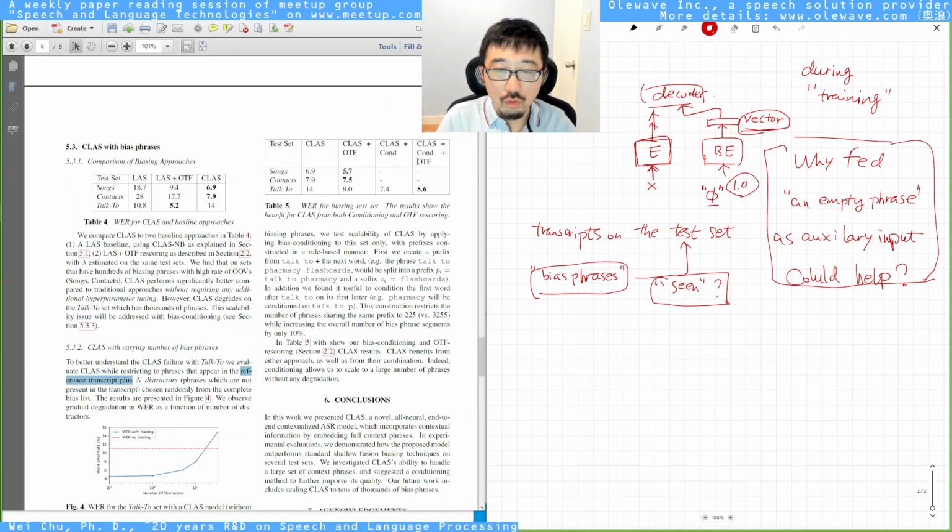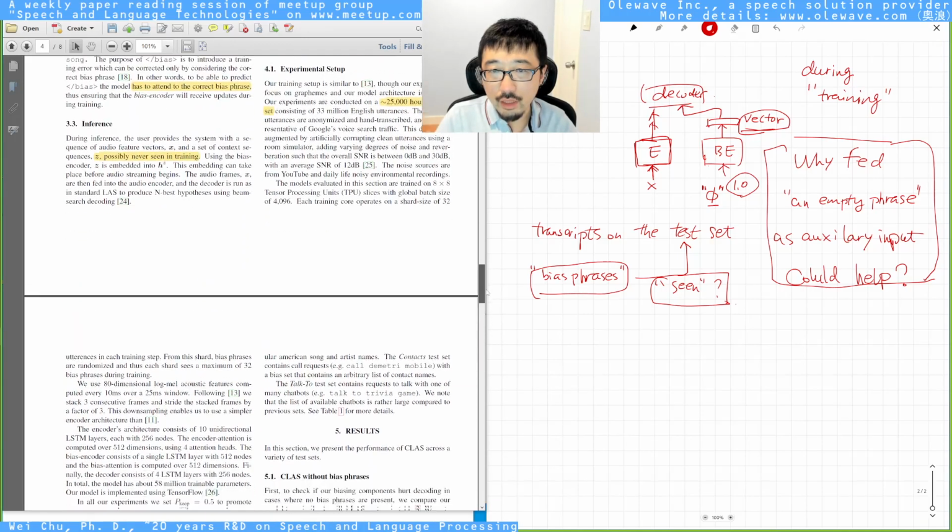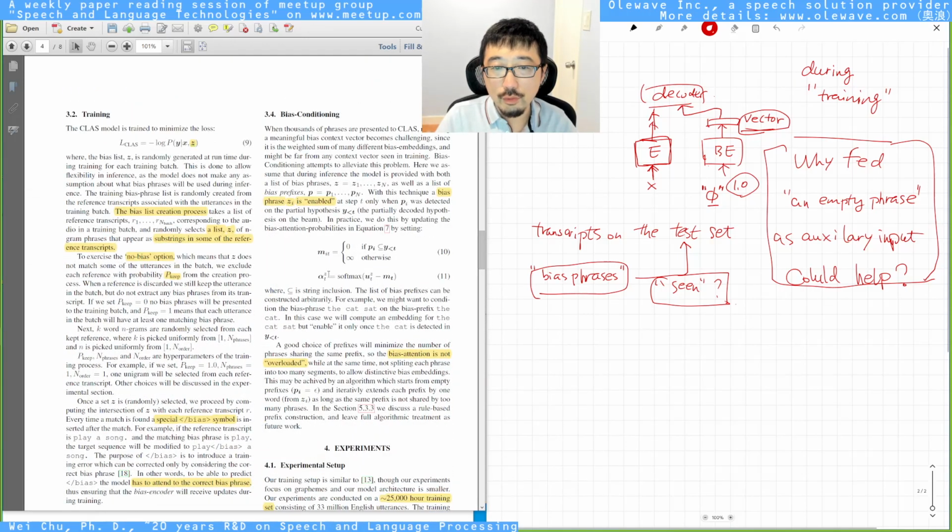Anyhow, the authors did try the bias conditioning. What is bias conditioning? Let me remind you. It's this one, okay? It means if a bias phrase has been seen in the partial result, I give it a normal attention weight.